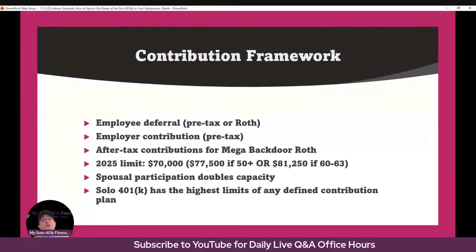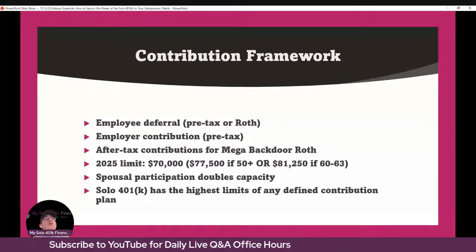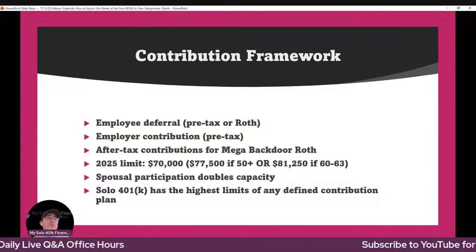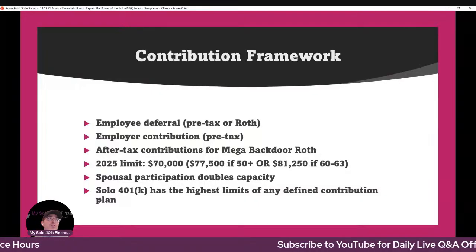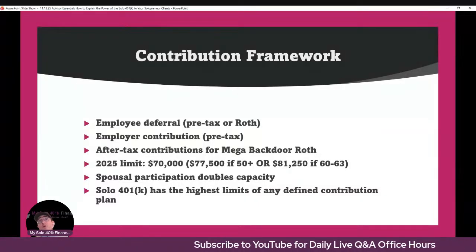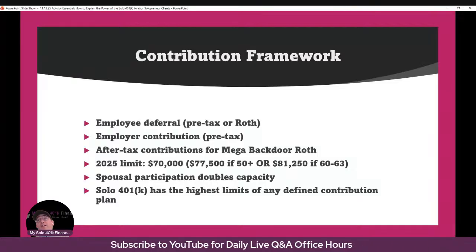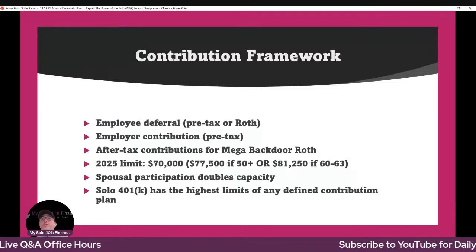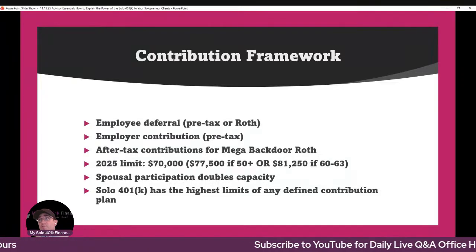So you got multiple buckets that you can fill up. So that's why it has the highest contribution limits for any defined contribution plan available to self-employed individuals. So for example, for 2025, the overall limit is $70,000. And then it's even higher if you're age 50 or older. If you're 50 plus, it's $77,500.